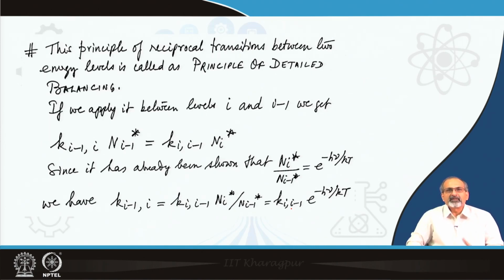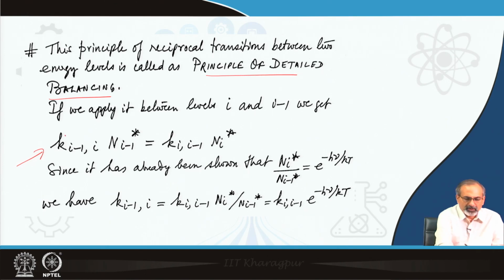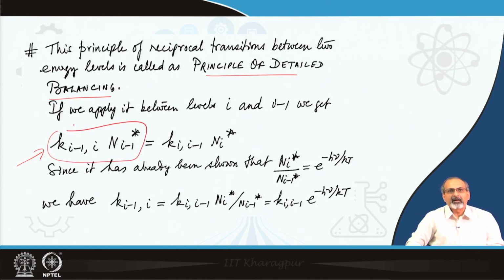This principle of reciprocal transitions between two energy levels is called the principle of detailed balancing. If we apply this principle between, say, two levels I and I minus 1, then that principle basically leads to an equality between two terms: k I minus 1 I n I minus 1 star balancing k I minus 1 n I star.